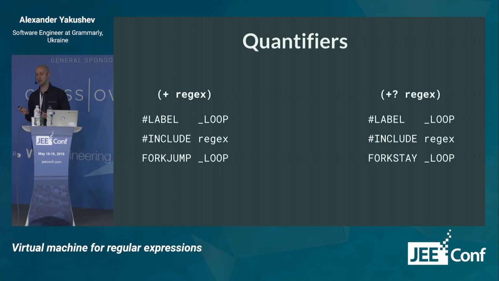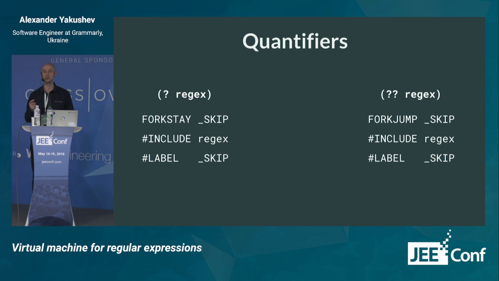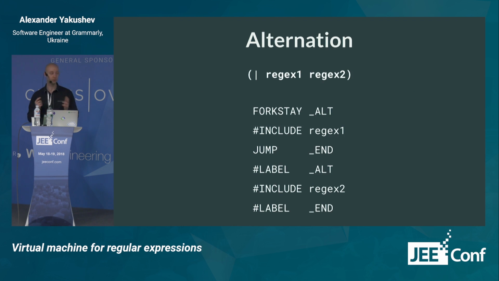And quantifiers, for example, the greedy plus is implemented like this: we put a label, we flatten the regular expression inside, and we fork jump onto that label, which means we'll match at least once, and then we'll spin in a loop if we want. And you see the greedy and non-greedy versions differ: one uses, in this case, fork jump, the other is fork stay. The Kleene star is a little bit more complicated. I won't focus on that very much, but yes, you can implement all of the quantifiers by using just these instructions. And the alternation as well, one or another.